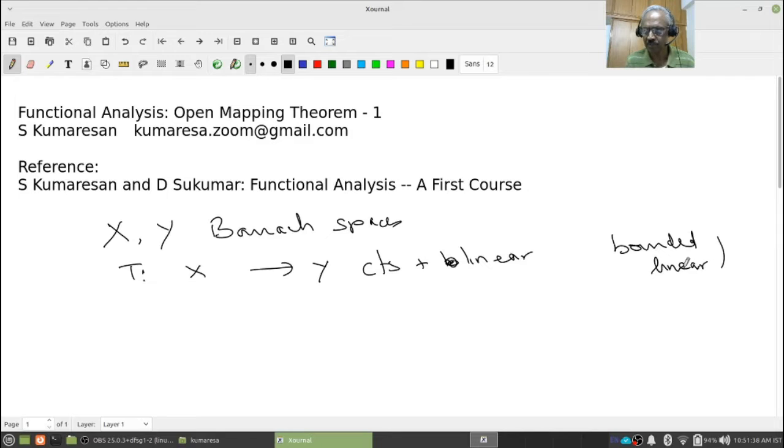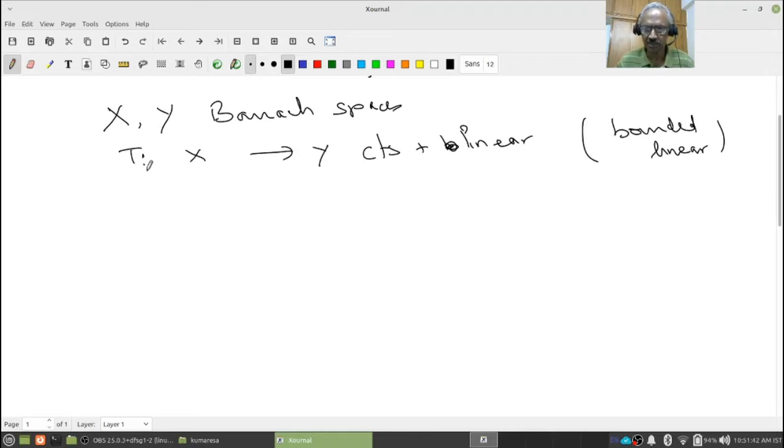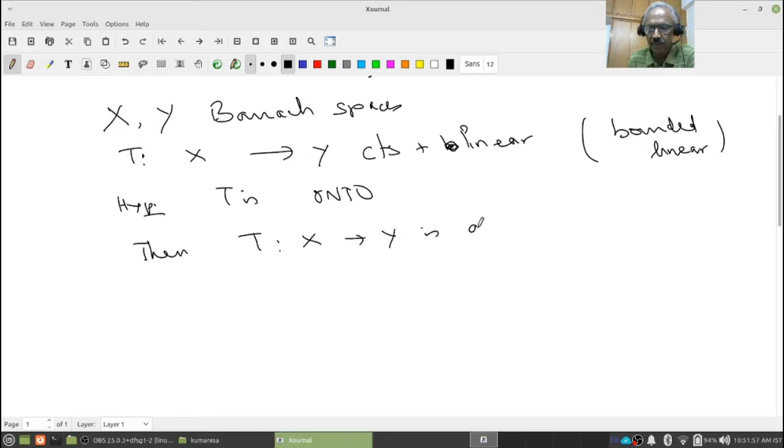In functional analysis, that's the word most often used, but I prefer continuity so that it's easier. The most important thing is we assume T is onto. Extra hypothesis: T is onto. Then we want to say T from X to Y is an open map. I will explain in a minute what it means.